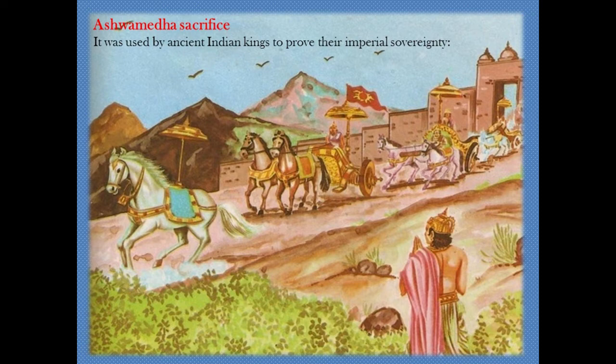Likewise, many such dynasties came under the control of the ruler who had sent the horse. So this horse completes its journey and later returns to its capital, and finally it was slaughtered and distributed to the people. That is how this Ashwamedha sacrifice was usually held.